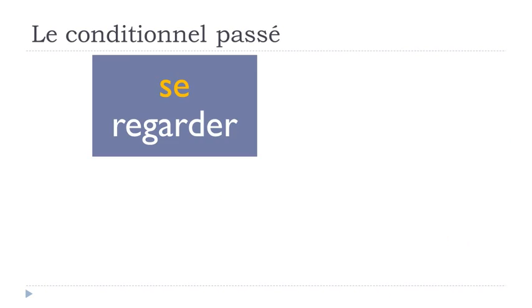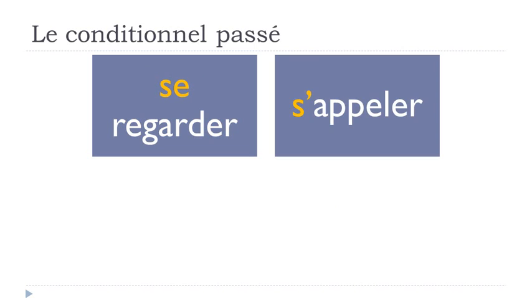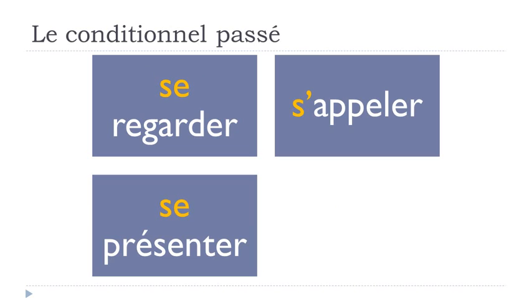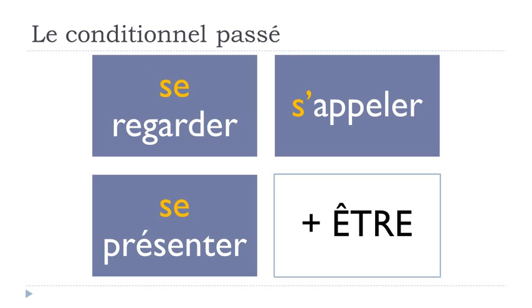But then the other group of verbs that will require être all the time will be what we call les verbes réfléchis, so reflexive verbs, okay? And they usually go like se regarder, s'appeler, se présenter. So they will use être for this conditionnel passé form, and they are exactly the same verbs as we saw for the passé composé, so it is always the same rule.